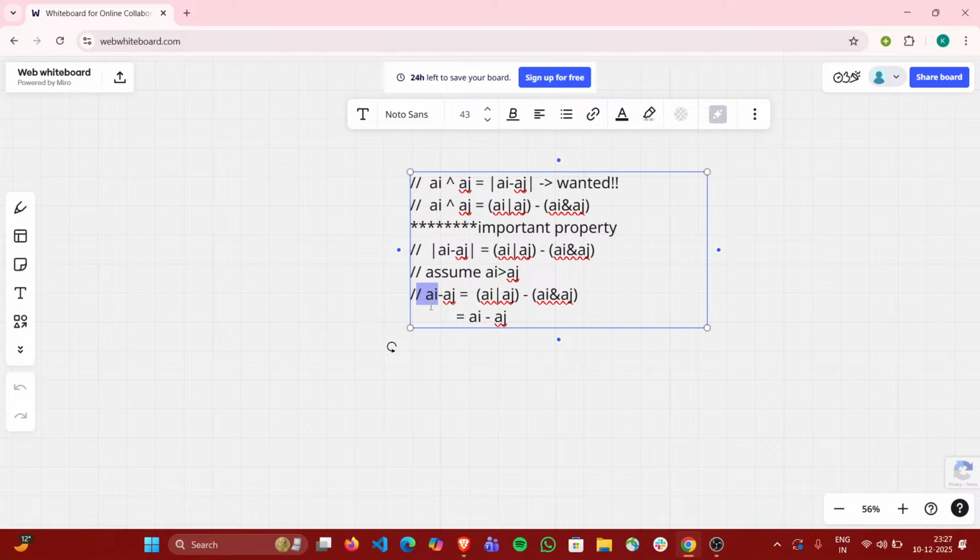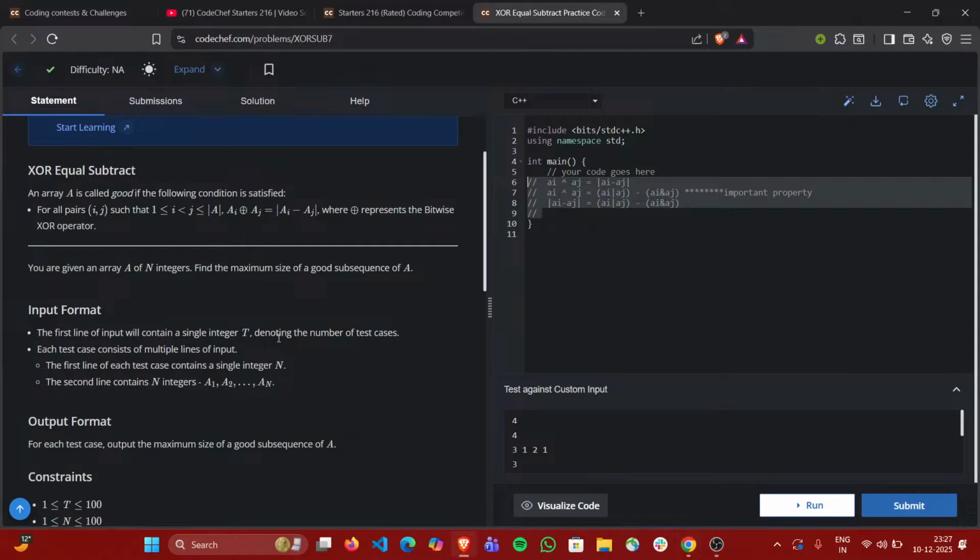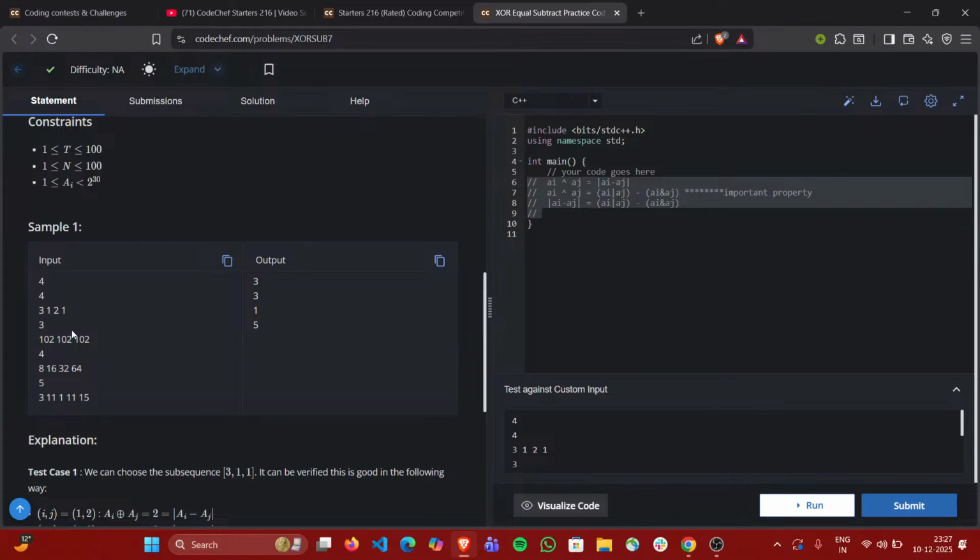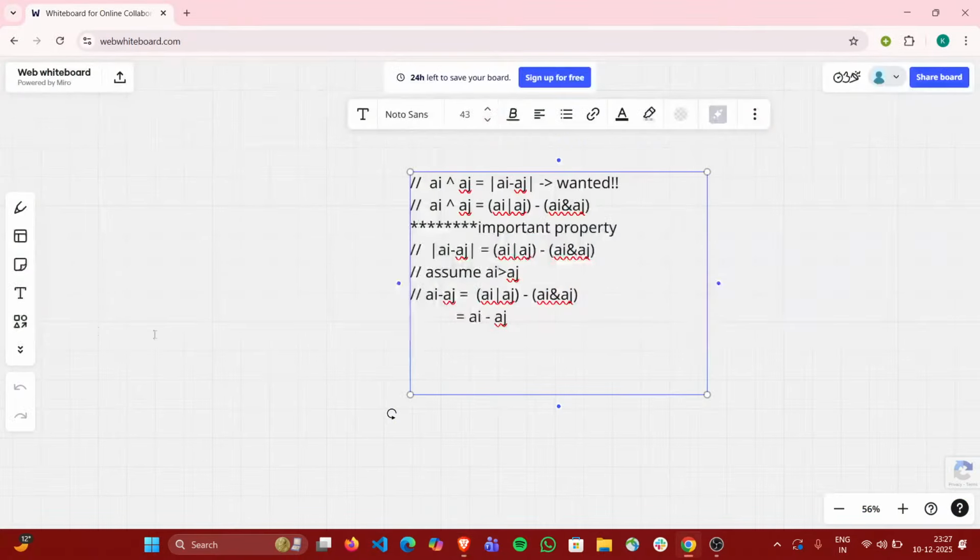So now what is the idea that we have to use? In the question, we have to find the maximum size of a good subsequence of A. So I have to go over a subsequence of A and this condition must be obeyed.